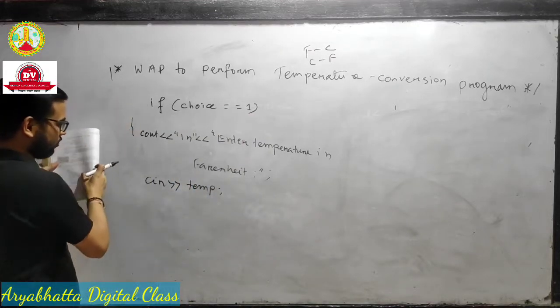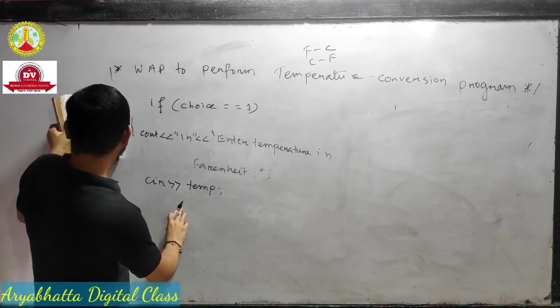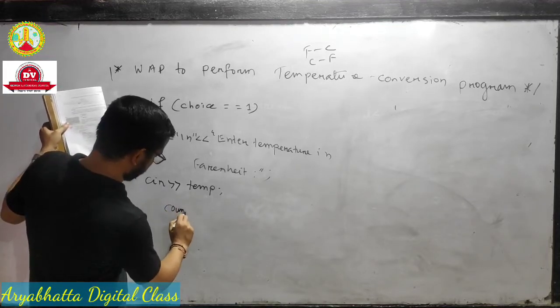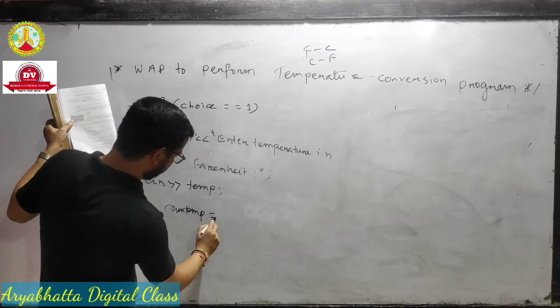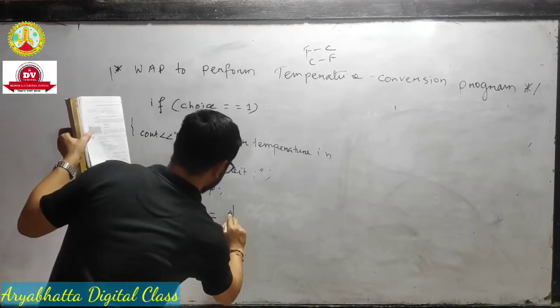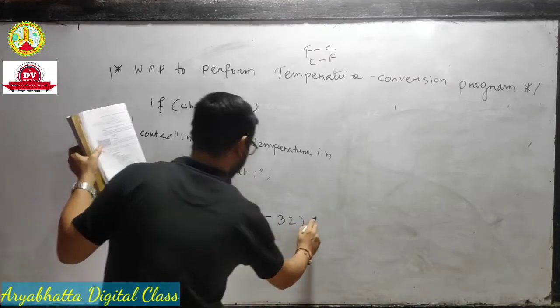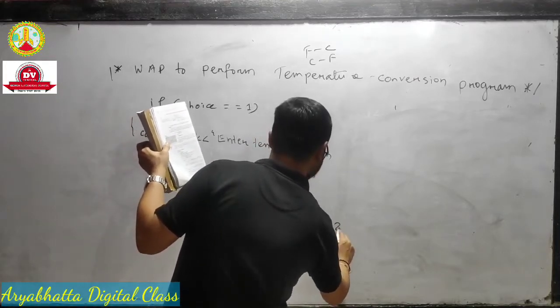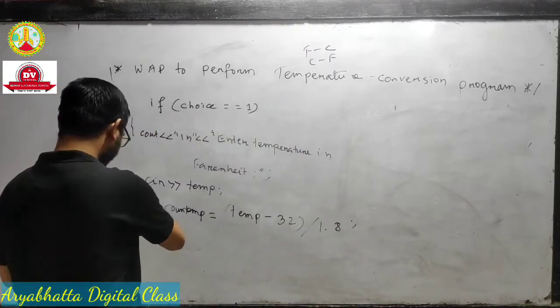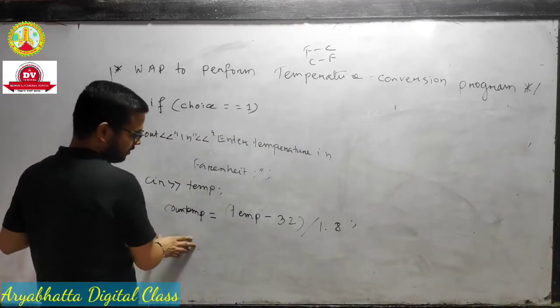Now the main formula is count temp equals (temp minus 32) divided by 1.8. This is the mathematical formula, the conversion formula.